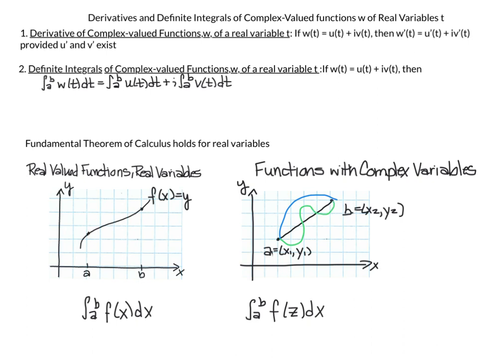You can take all kinds of paths, really strange paths. So when you integrate f(z) dz, where z is a complex variable, you get more variation where the fundamental theorem of calculus will not hold because your integral will depend on the path. But we'll be looking at that more in the next couple of videos.